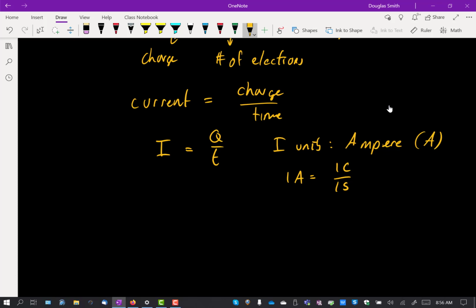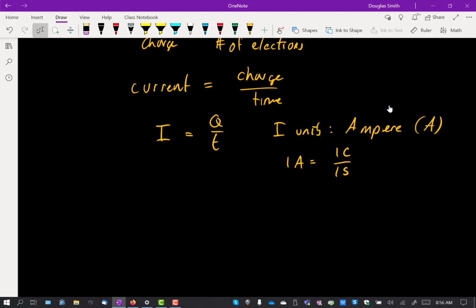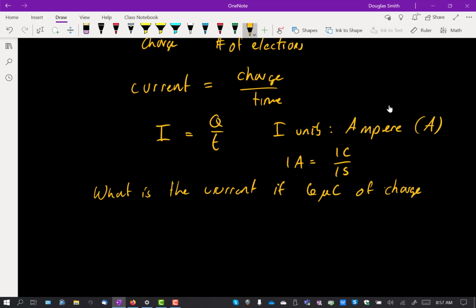All right, so let's try a few calculations with current then. What is the current if 6 microcoulombs of charge move through a wire every 10 seconds?